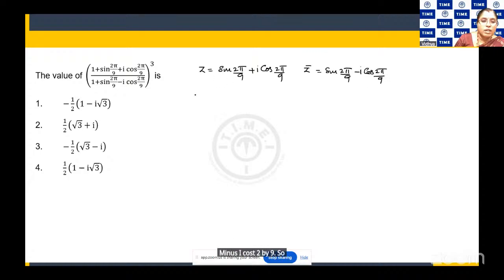So I can write this complex number as 1 plus z by 1 plus z bar, the whole cube.